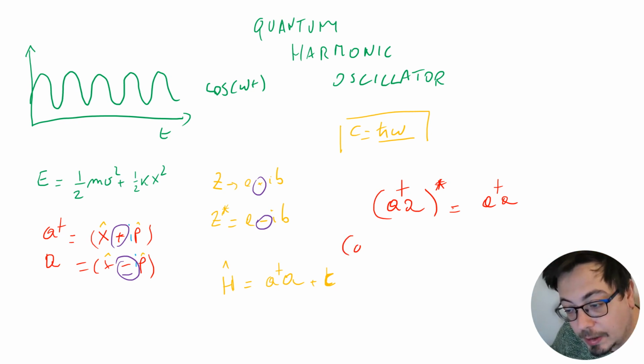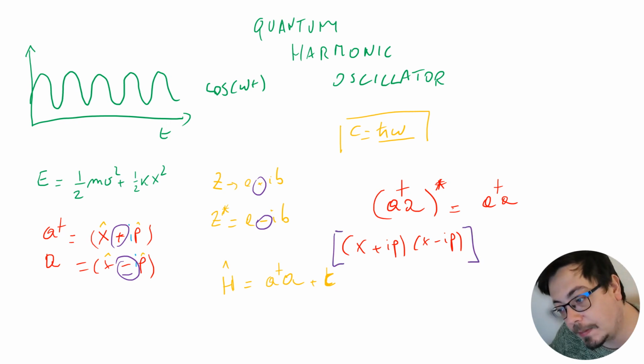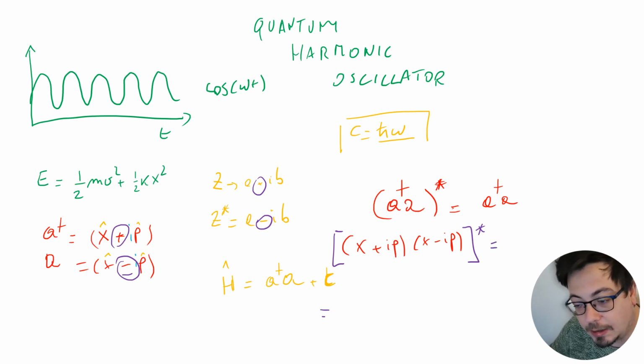Let's see if it turns out to be correct. So we do x plus ip times x minus ip. This is the first bit, and then we need to take the complex conjugate. Okay, so this is a bit annoying, but I need to say these things because they are quite important.